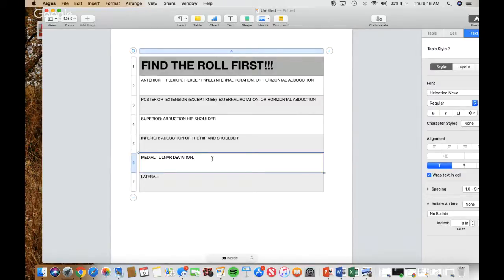And then I'm 90% confident, but inversion of the ankle. And then a lateral roll would be radial deviation. And once again, 90% confident, eversion of the ankle.